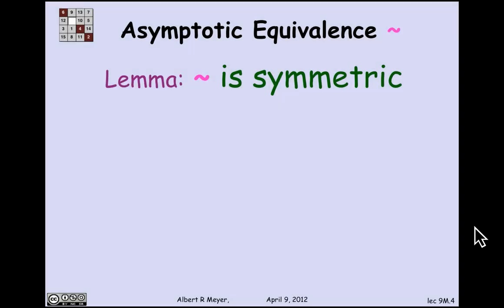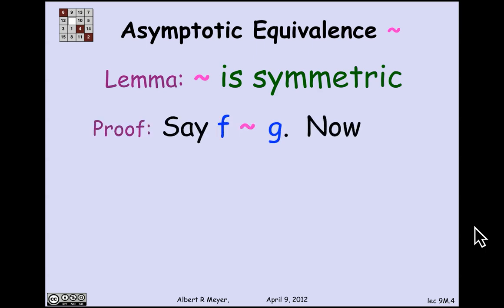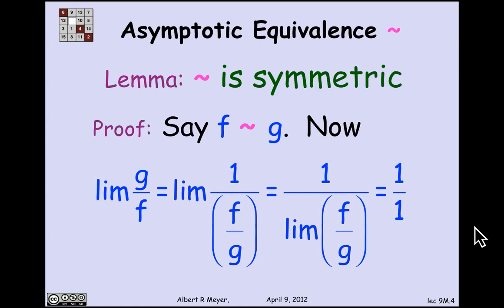There are some easy properties of asymptotic equality that follow immediately from the definition. One of them is that it's symmetric. Namely, suppose that f is asymptotically equal to g. I want to prove that g is asymptotically equal to f. Well, what's going on here? Let's look at the limit of g over f, which is what I'd like to prove is 1.